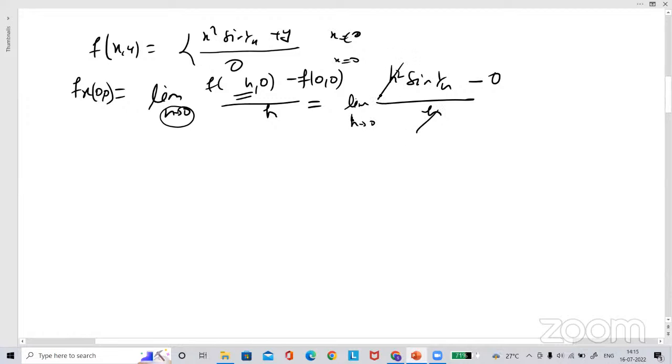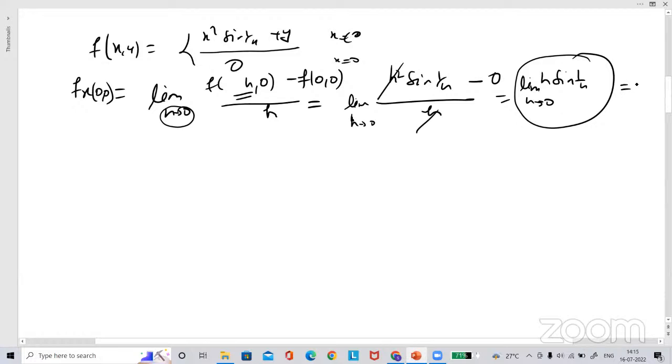We'll cancel it out, so it will be limit h tending to 0 of h sine 1 by h. Now what is going to be this limit? This is simple in one variable. This is going to be 1.